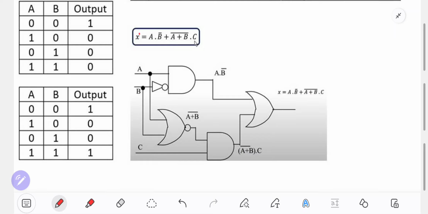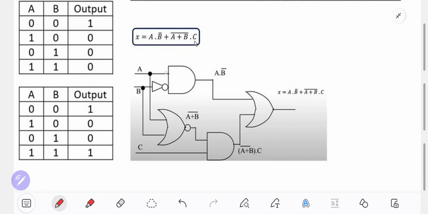X is the output and we have three inputs A, B and C. If you want to make it a circuit or diagram like this, A, B and C. A times B accent: times is AND, so A AND gate logic B accent. A on here and B on here.